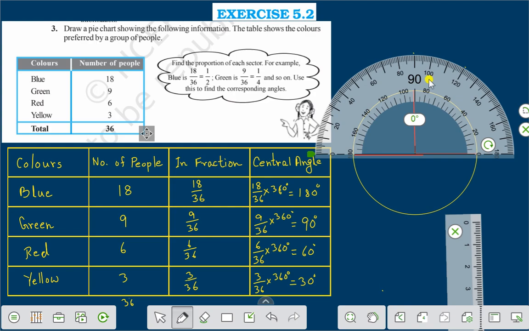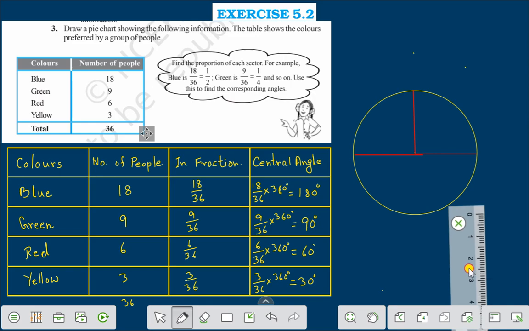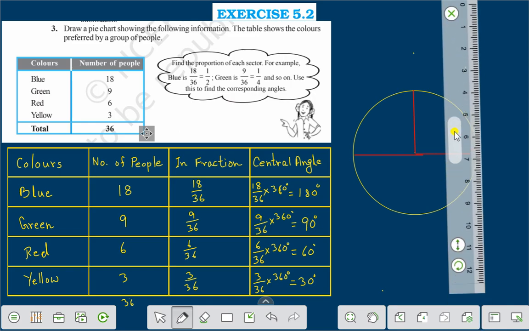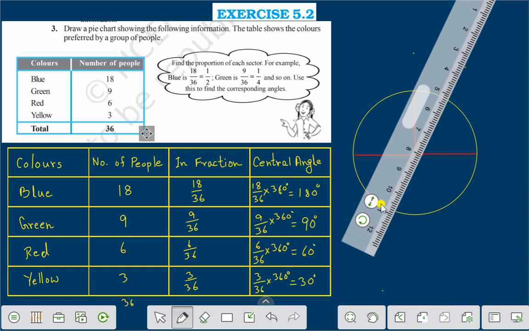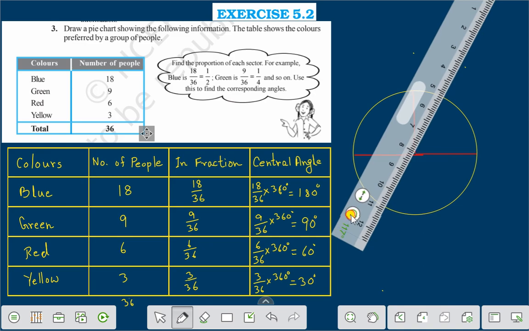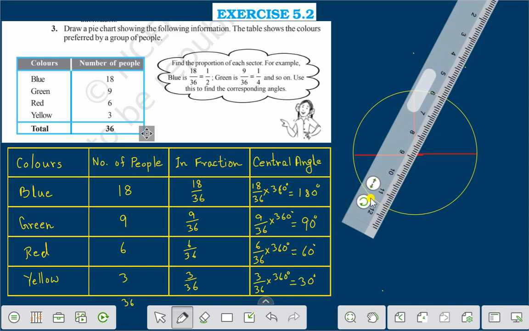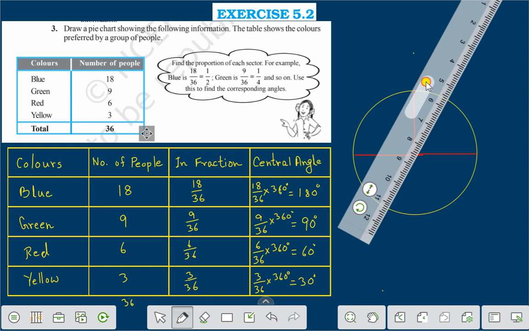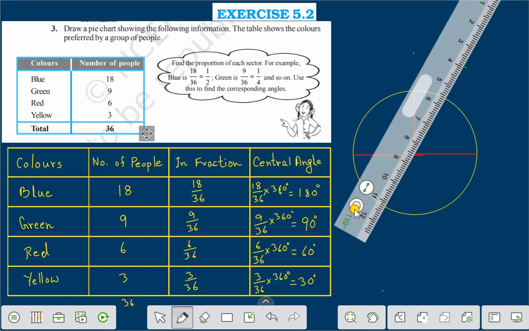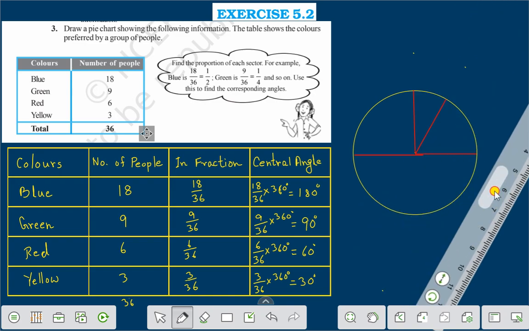Therefore, if we draw this line with the help of the ruler, then we'll get 60 degree. Right? We draw the pie chart.